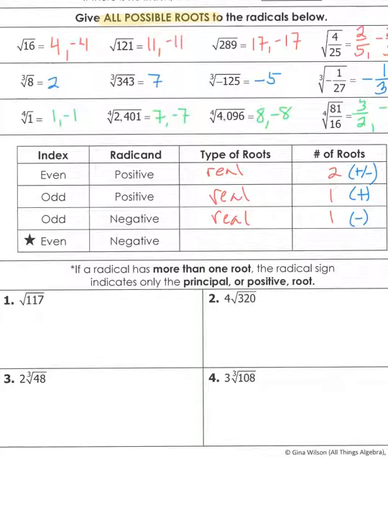So then the last one says, and it's starred for a reason, if you have an even root, 2, 4, 6, 8, and so forth, and there's a negative number under there, you actually don't get a real answer. For instance, if I had the square root of negative 16, that's an even root, but there is no number times itself twice that gives me a negative 16. It's just not possible. So we call that kind of an answer an imaginary answer.